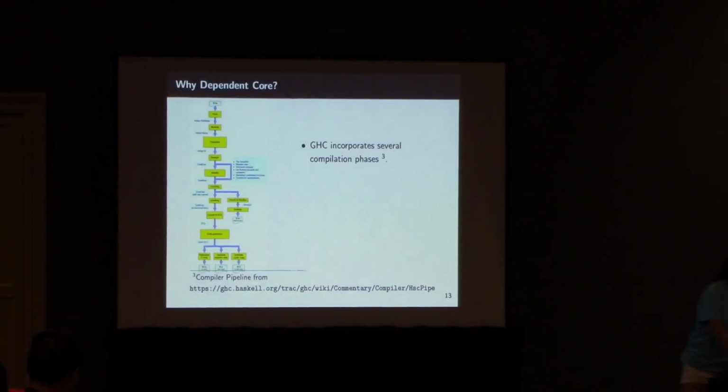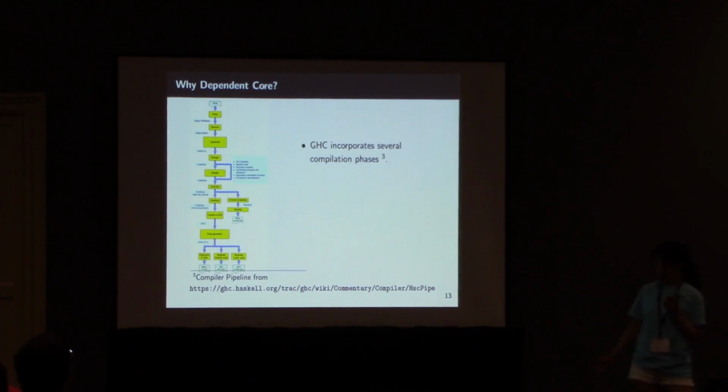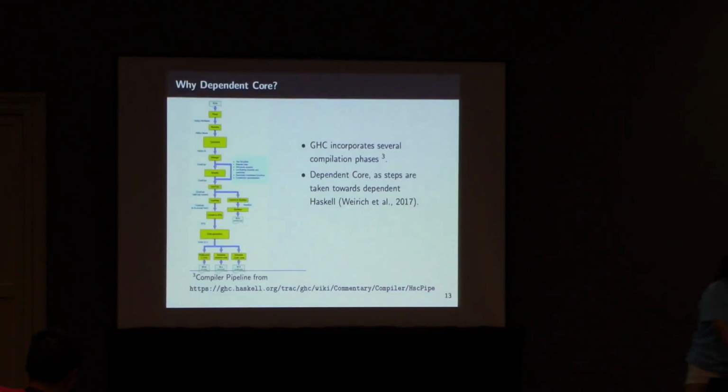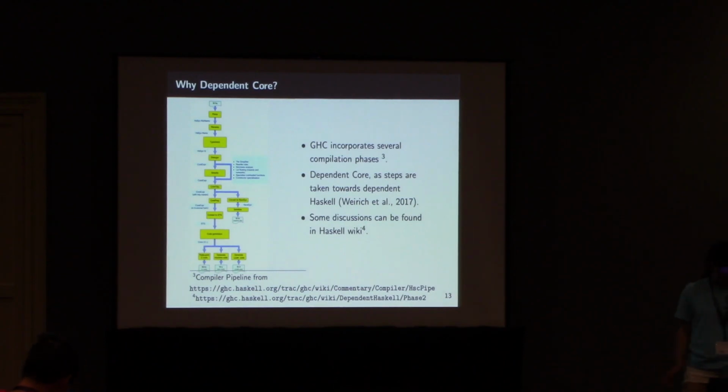But luckily, GHC incorporates several compilation phases, so it is possible to change one of the intermediate languages without affecting the user experience at all. So the language we choose is the dependent core as a step towards dependent Haskell, which is well studied in this ICFP paper. And you can find some discussions about the implementation of dependent Haskell in this Haskell wiki page, Dependent Haskell Phase 2.